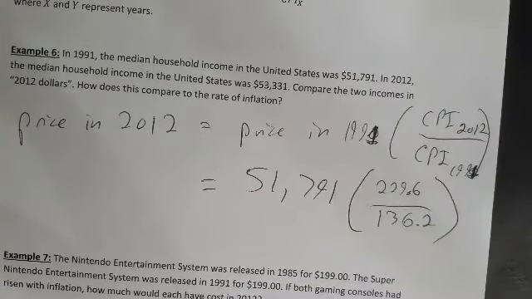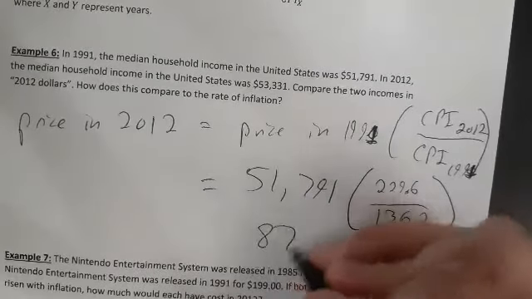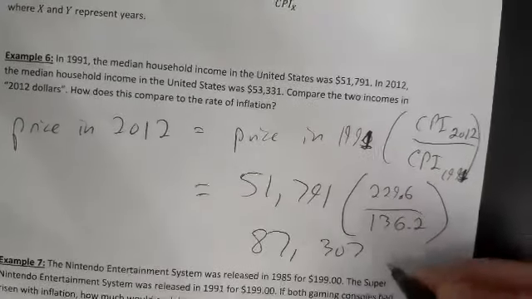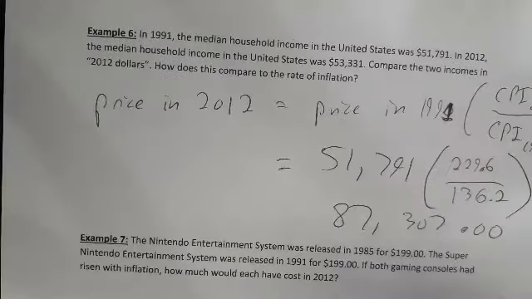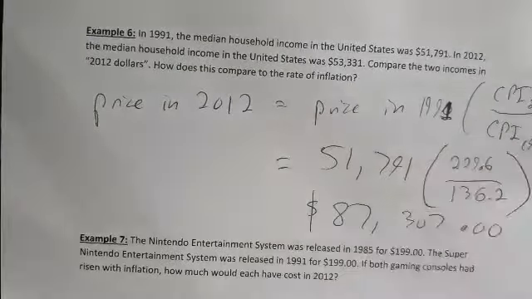I have to divide these two things first. 229.6 divided by 136.2 is going to be like 1.658, and I'm going to multiply that by 51,791. That should be giving me something like 87,307, and if I rounded it to two decimal places, it would round down to there.